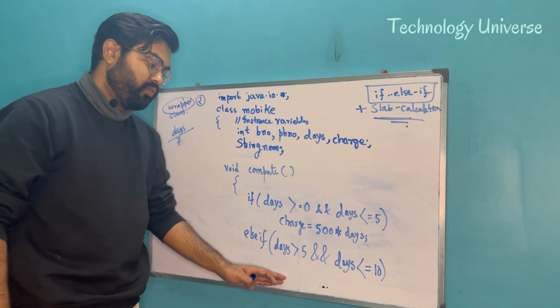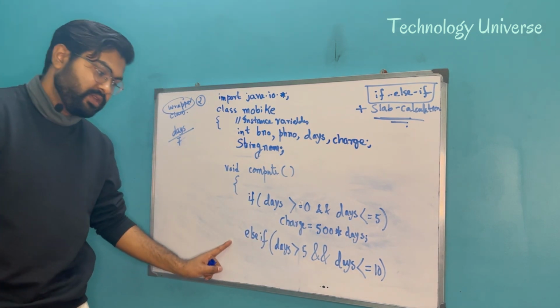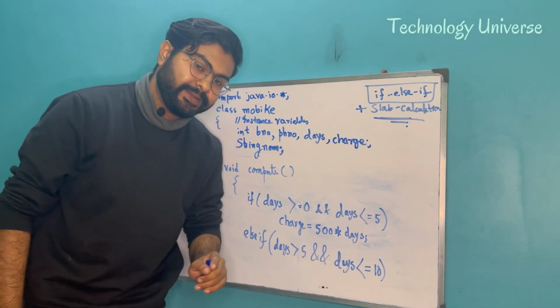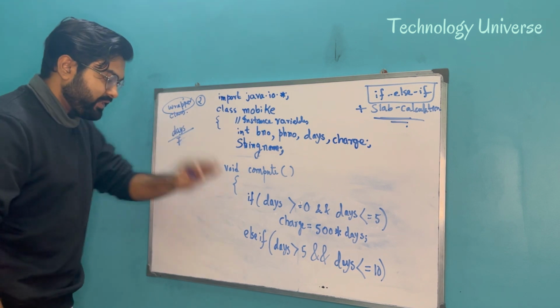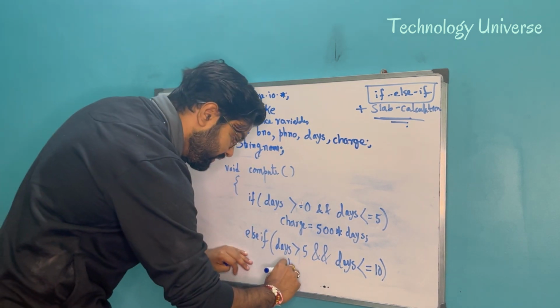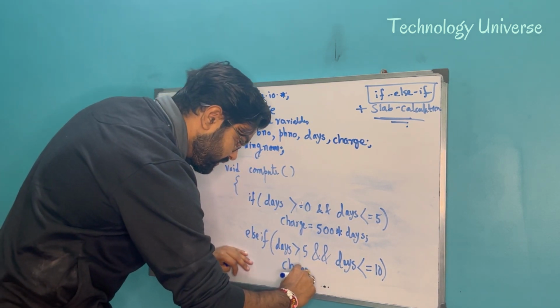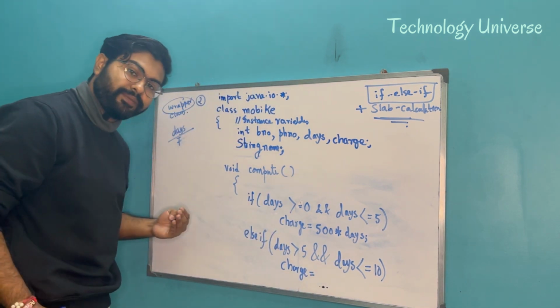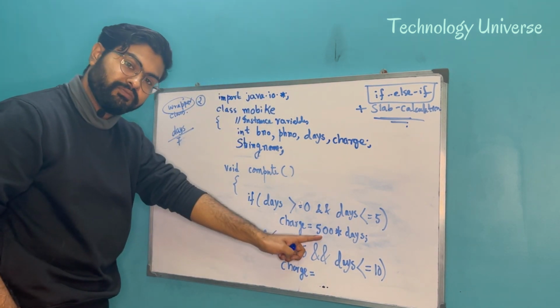So if now my number of days lies between the range 5 to 10, then my calculation logic would be: for the first 5 days it would be the same, right?